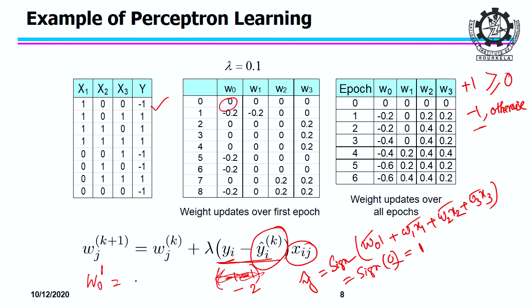W 0 is 0. So, 0 plus learning rate value 0.1, so this will be 0.1 into minus 2, into what is this value? This value will be 1 because W 0 is always multiplied with 1.